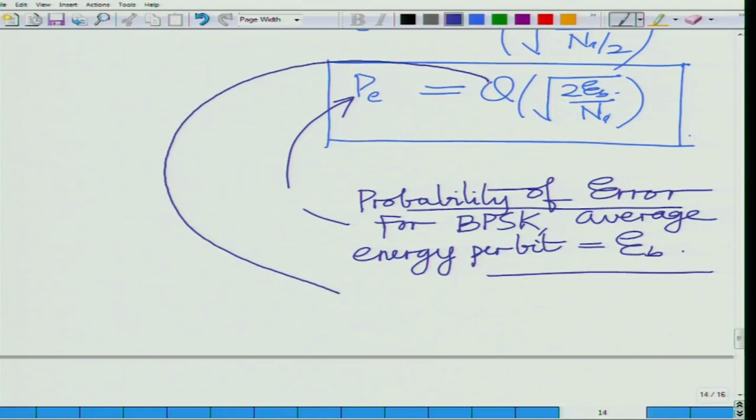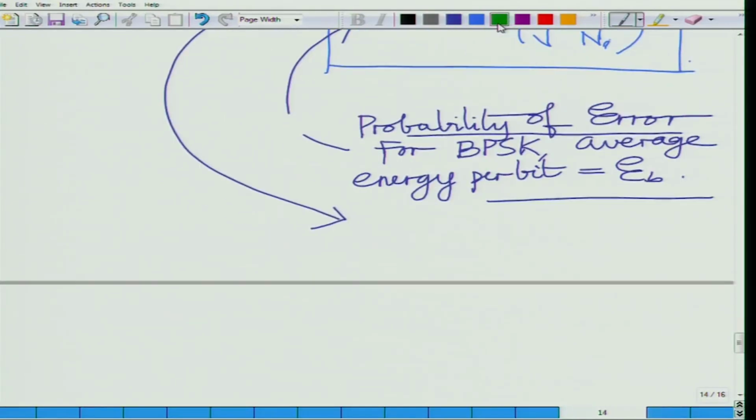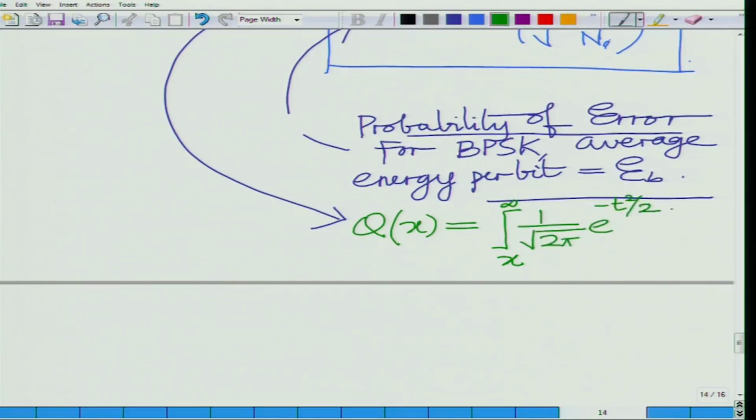And remember again, just to be extremely clear, the Q function is the complementary cumulative distribution function or the tail probability of the standard Gaussian probability density function, which is defined as the integral from x to infinity of 1 over square root of 2 pi e power minus t square by 2 dt.